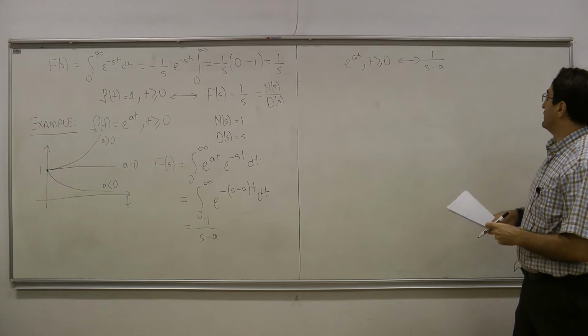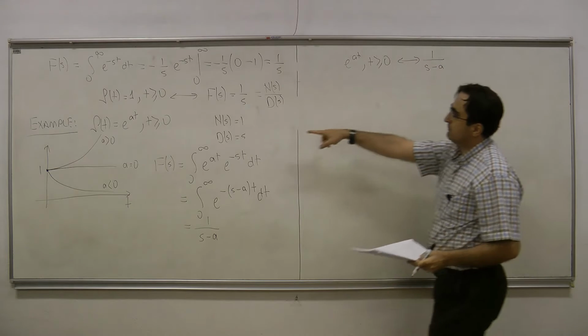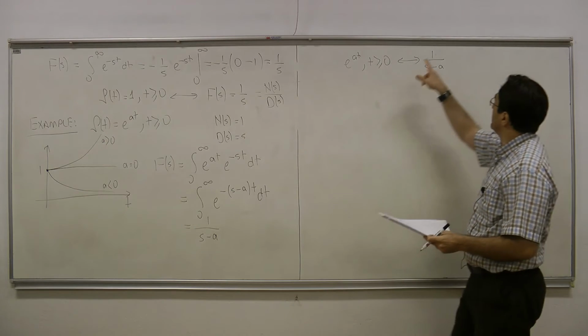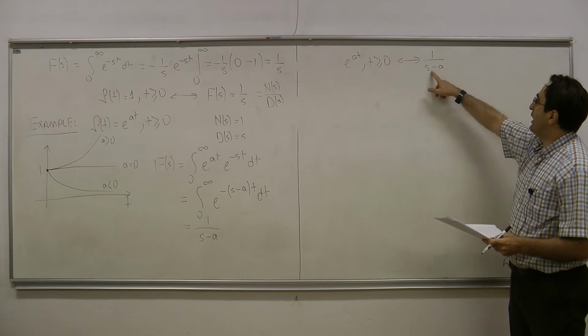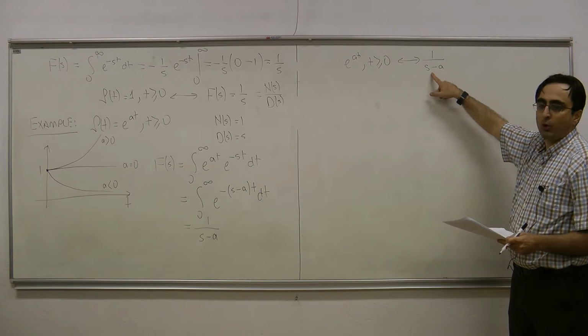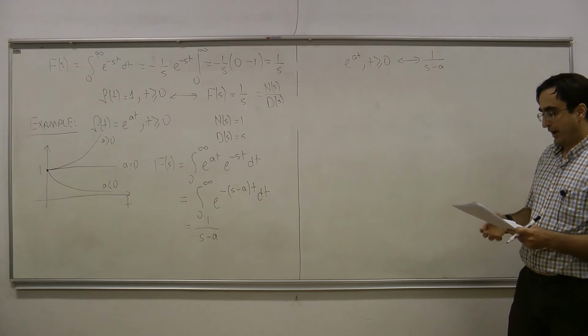In this case, the numerator polynomial is 1 again. N of s is again equal to 1. So this Laplace transformation does not have any zeros. And this Laplace transformation has a pole at s equals a, at the real number s equals a.